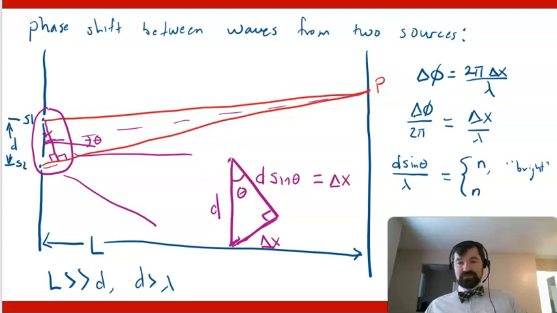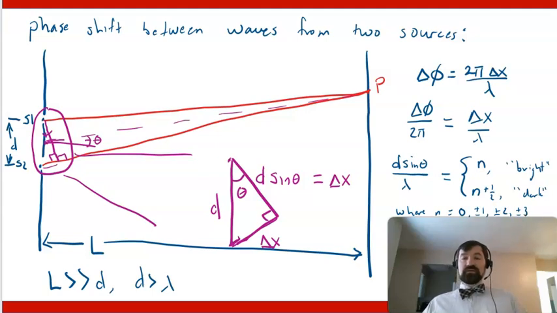And if it's equal to n plus 1/2, then it's dark, where n is an integer. So 0, plus or minus 1, plus or minus 2, plus or minus 3. Okay, so we've now located from these phase arguments where the bright and dark fringes are.